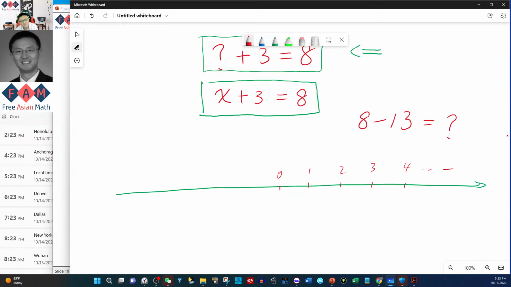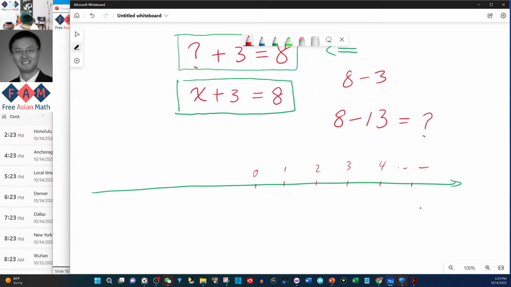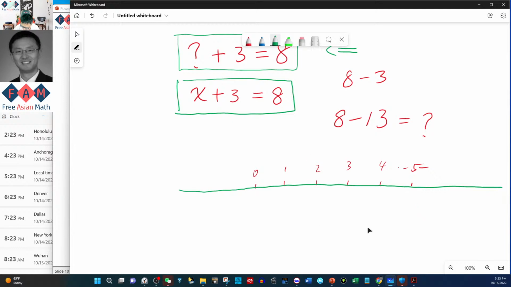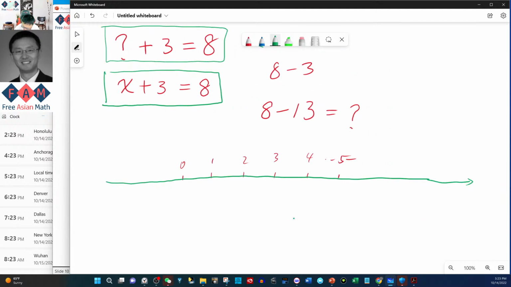What do you think? What is that? Well, when we subtracted 3 from 8, we just counted back from 8 three times. So this is 5. If I expand this a little bit further to the right, 6, 7, 8. If we subtract this 3, we just count 3 times to 5.